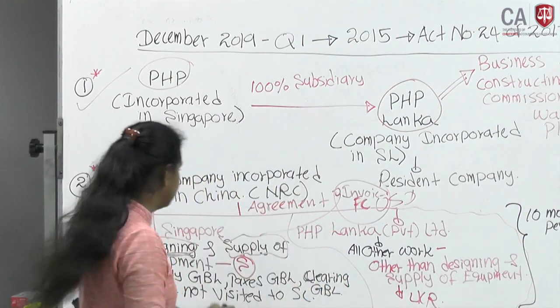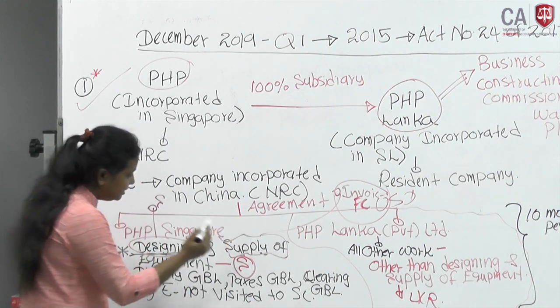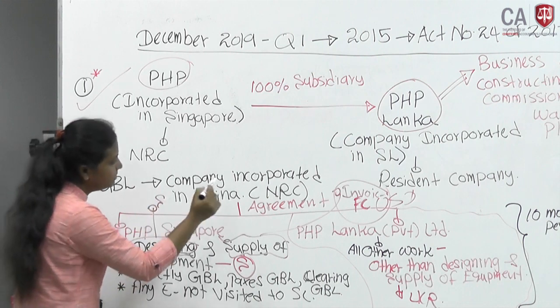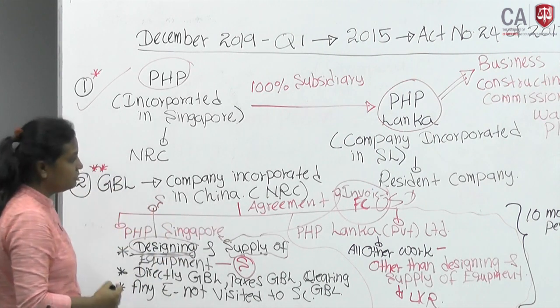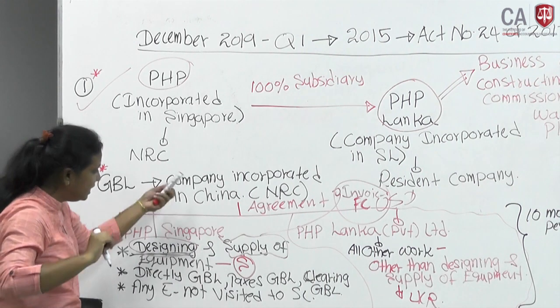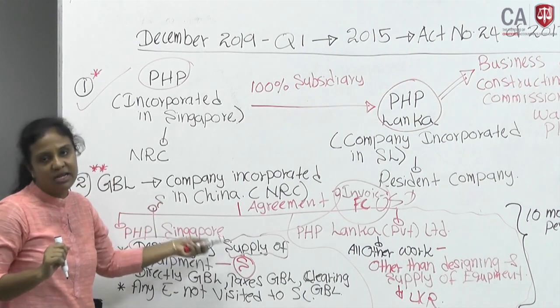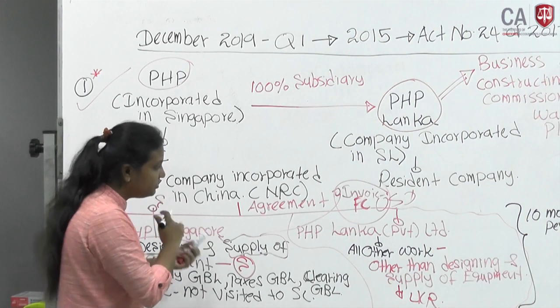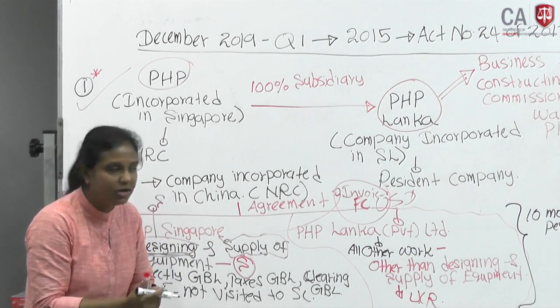Let me analyze again. The supply of equipment, who is doing it? It is done by PHP Singapore, where from Singapore itself they are delivering this equipment to Sri Lanka. That's the only part they are doing. And the contract has been entered into between whom?